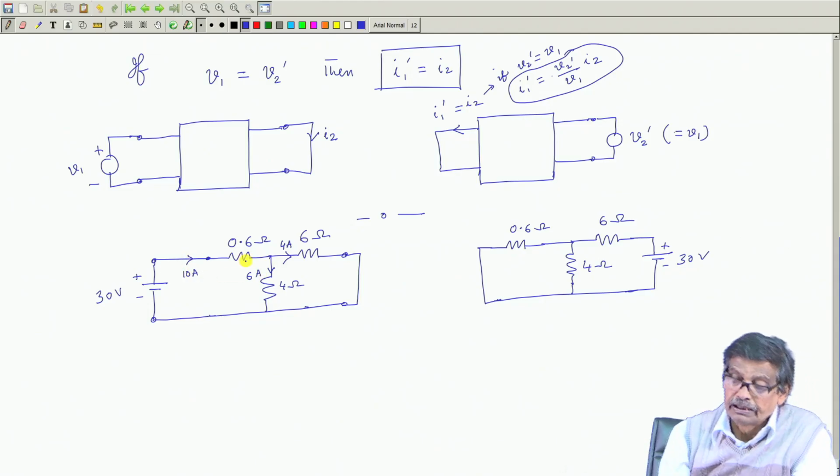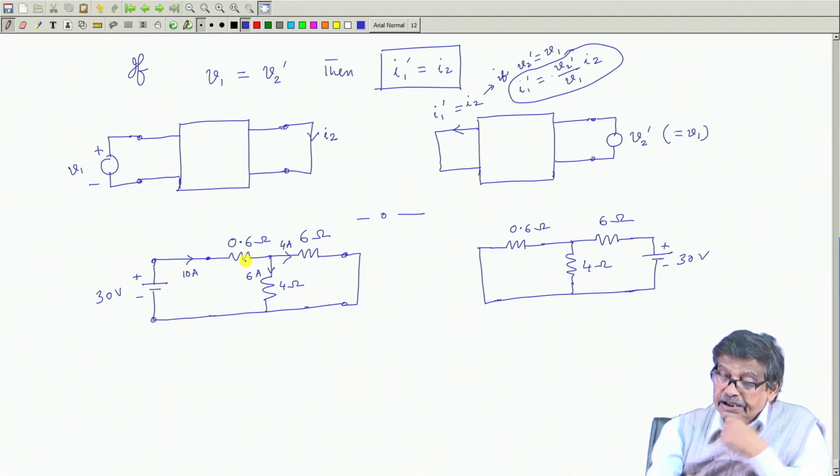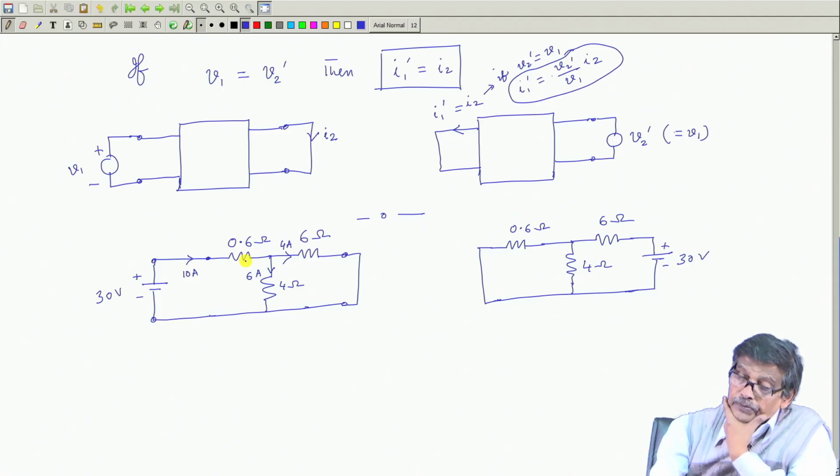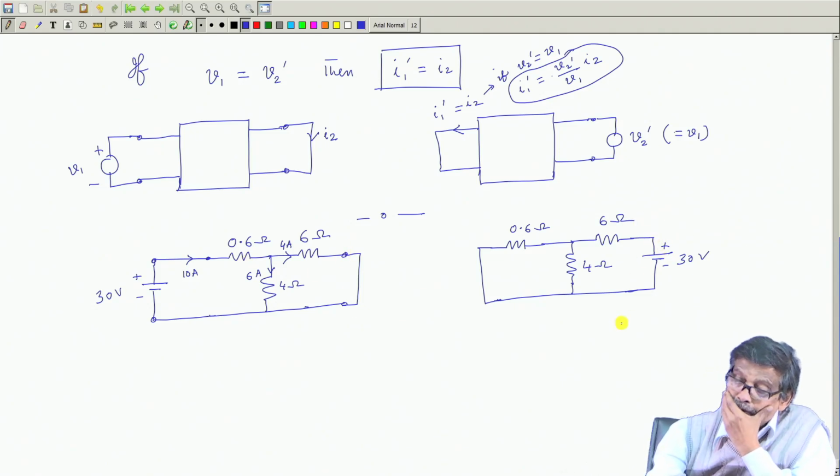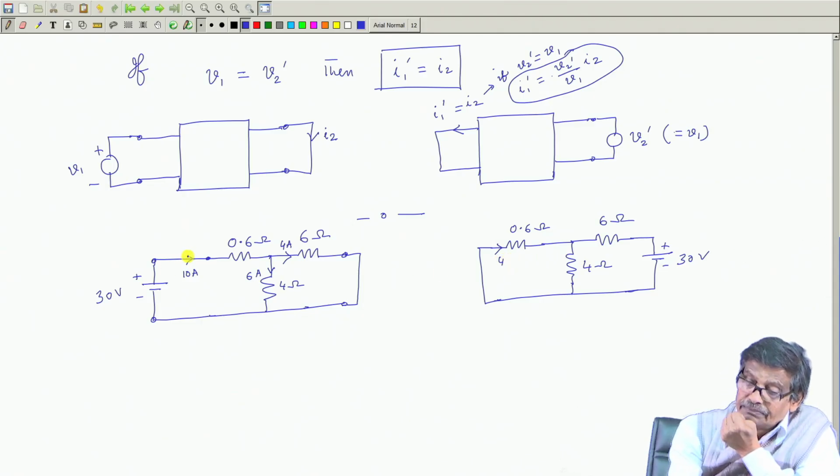So, I am predicting that if you apply the same voltage to these two terminals where 6 ohm is connected, 30 volt, then this current in this direction I am predicting will be 4 ampere. Now, this I have shown 10 ampere like this. It gets reversed.